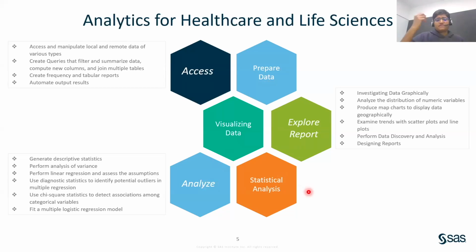So when I share this deck with all of you later on, you can just have a look at these points in case you want a quick view of what the different things are that SAS can do across the three breakups of data, discovery, and subsequently deployment or statistical analysis.